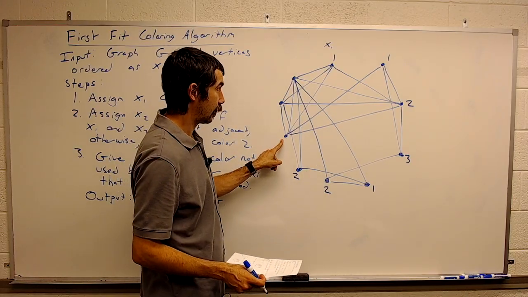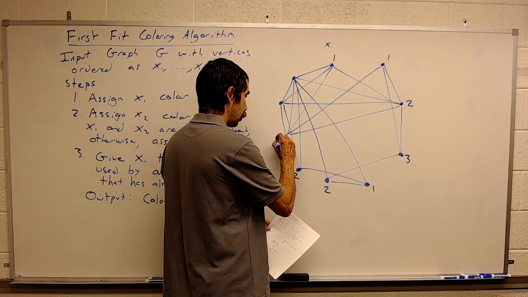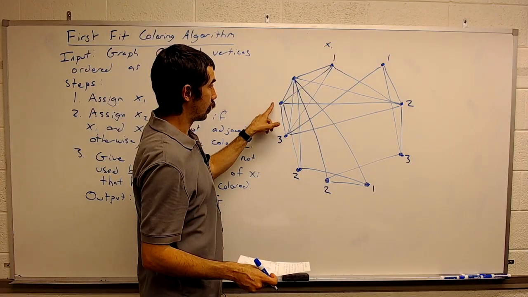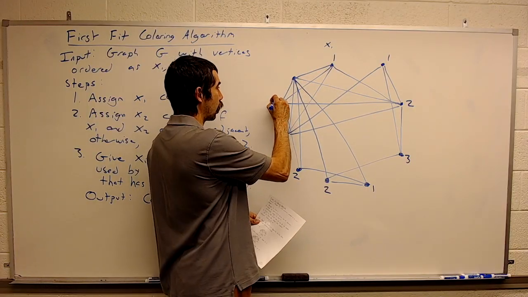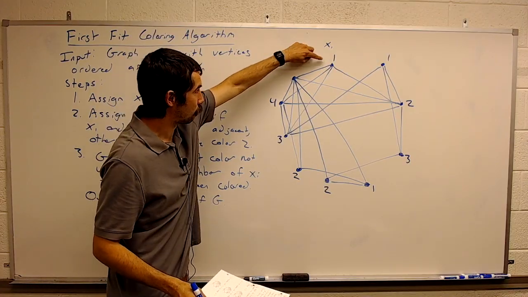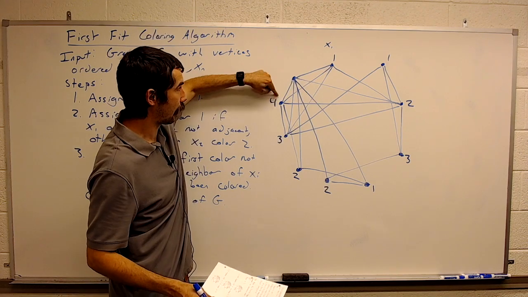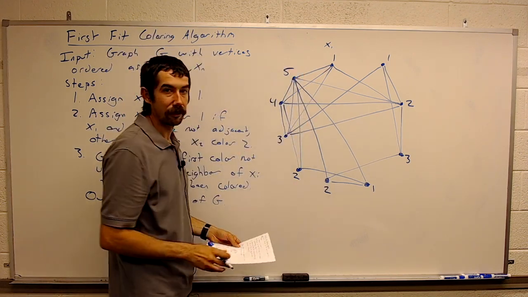This vertex is neighbors with a 1, 1, and 2, so we'll give it the value of 3. This vertex is neighbors with a 1, 2, and 3, so we have to introduce a new color, 4. And then finally, this vertex is neighbors with a 1, a 2, a 3, and a 4, so we do have to introduce another color, which is 5.